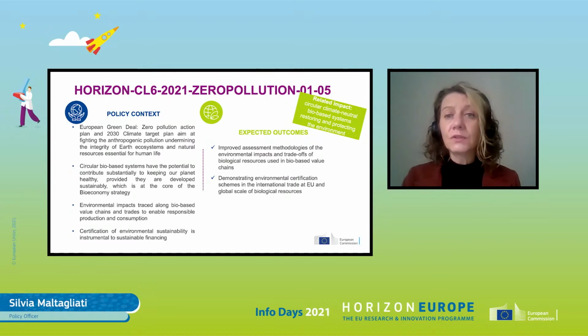This would contribute to the 2030 climate target plan and zero pollution ambition mainly, but in general to the environmental objectives of the European Green Deal, aiming at responsible production and consumption.